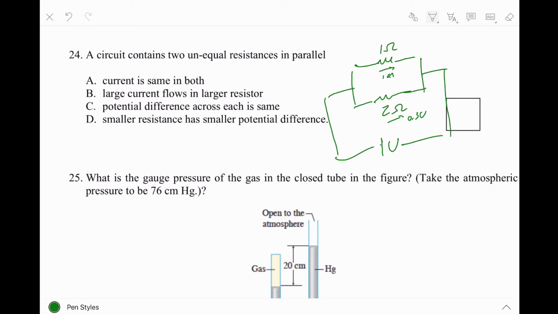So if the two resistors are connected in parallel, the higher the resistance, the lower the current. So the answer is C.